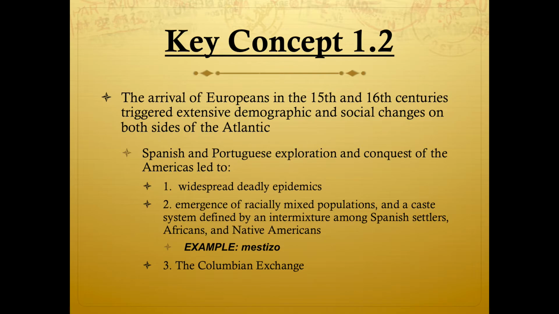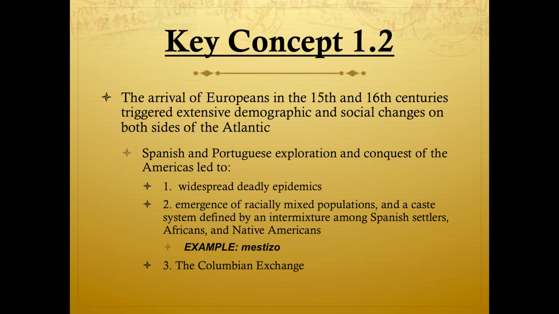Things begin to change. This Columbian Exchange is coming, with both positive and negative effects. A negative is the deadly diseases, the deadly epidemics that come over. But it also led to one positive thing within the Spanish culture, and that becomes the racially mixed populations that are created here. An example, mestizo.